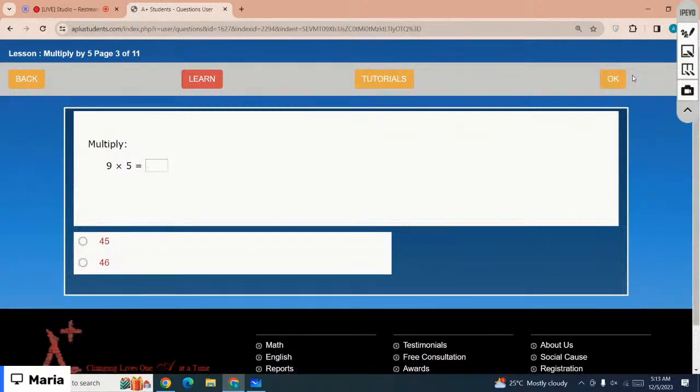So, which is the correct option? Yes, 9 times 5 equals 45. The correct option is 45.